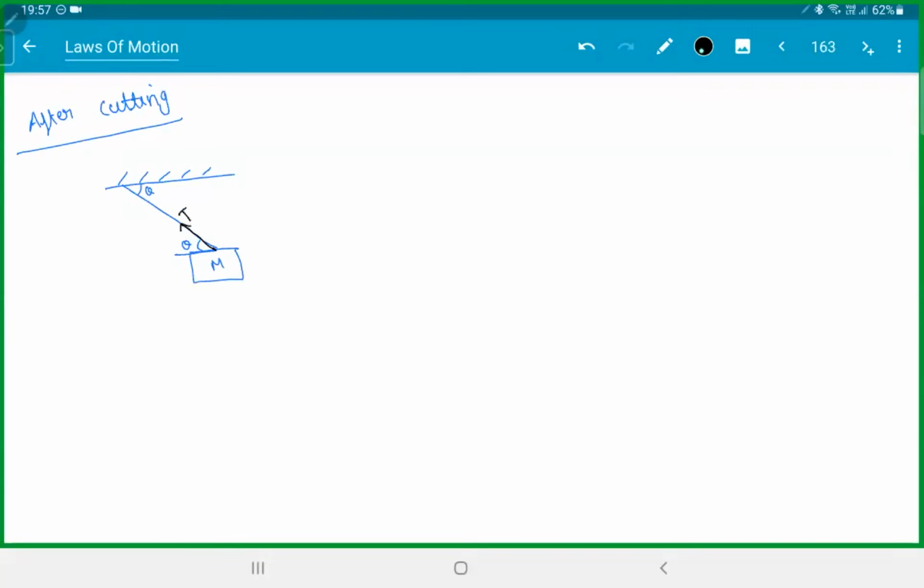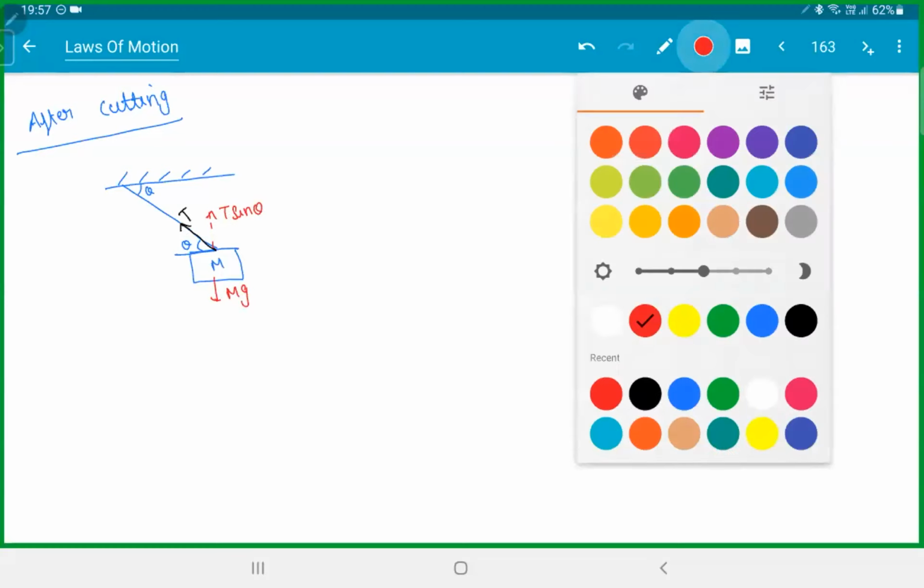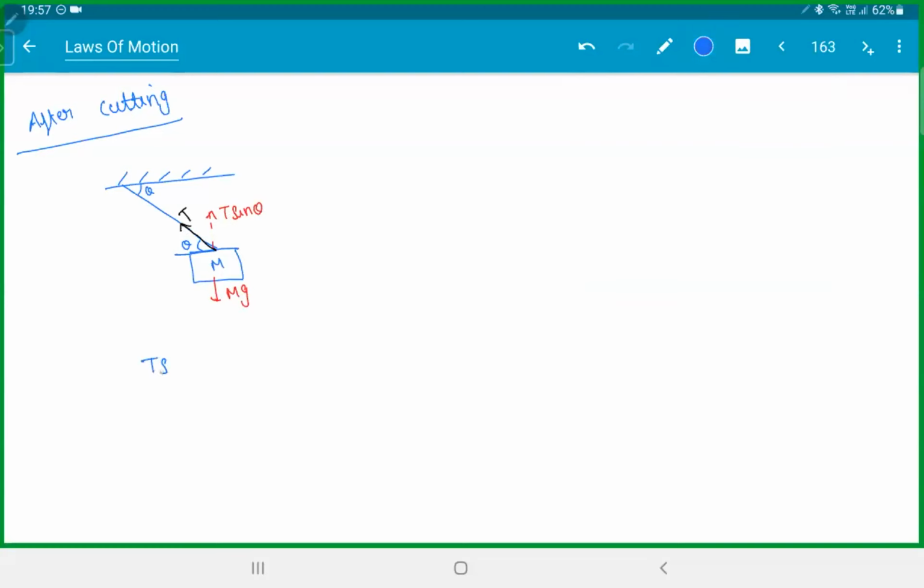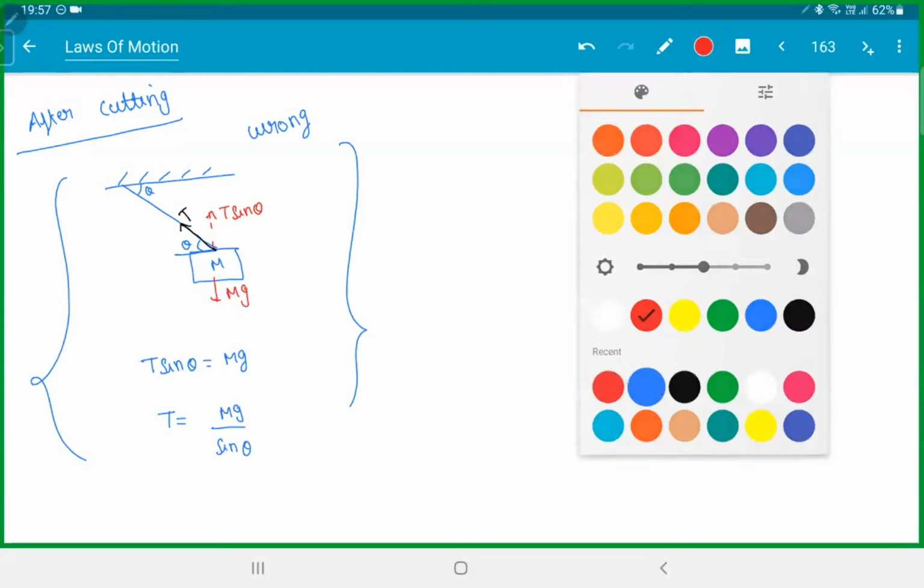This is tension, and if you divide them into components, we get T sine theta, and this is equal to mg, and they do this thing. T sine theta is equal to mg, and T is equal to mg by sine theta. This is wrong. This is a blunder.